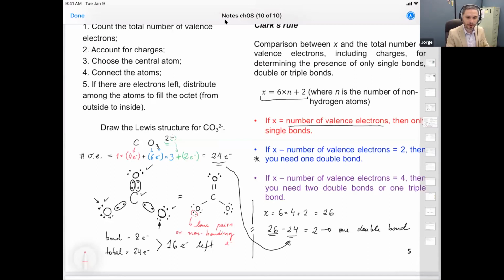So when you have leftover electrons, start filling the octet for the atoms on the outside of the structure. And if after that you still have electrons left, you are going to start moving those electrons to the central atom. At the end, all the atoms need to have 8 electrons. Remember, each covalent bond means that the electrons belong to the 2 elements involved in the bond.